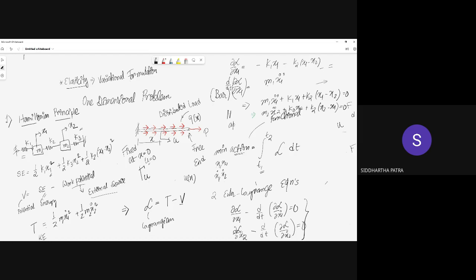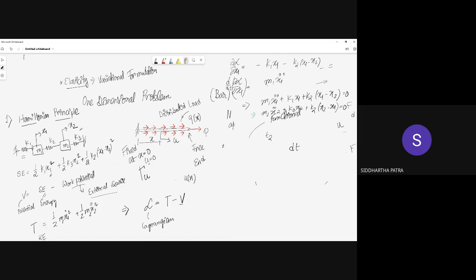Now, there is another way. So we use Hamiltonian principle, we minimize the action, and we wrote the Euler-Lagrange equations for minimization of action.